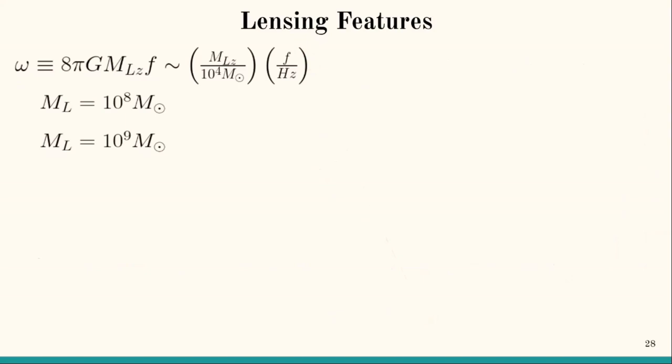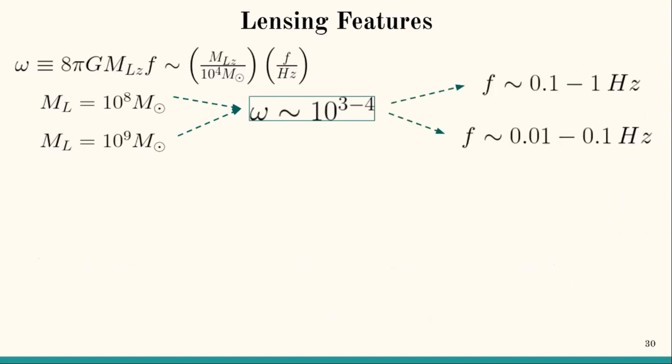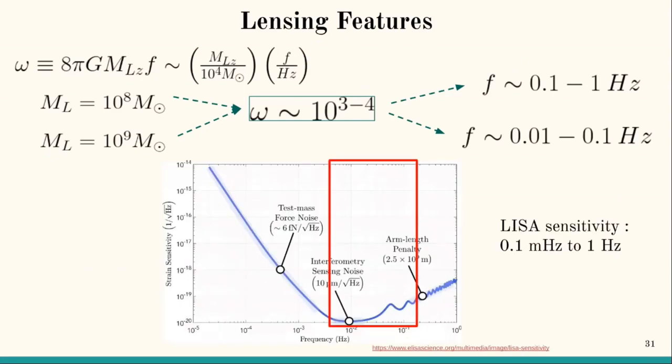So using the formulation mentioned above, we plug in the values of omega for which these features exist, and we get the frequencies to be in this range. And very interestingly, these frequencies are well within the sensitivity of LISA. So we believe that it is highly likely that LISA can detect these features and maybe provide better constraints on the lens model.